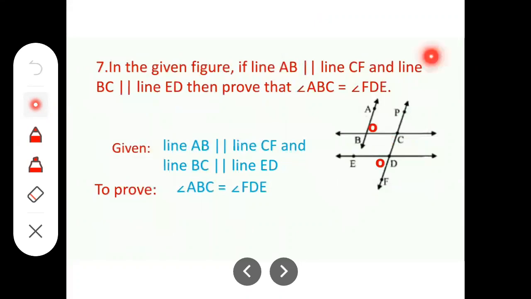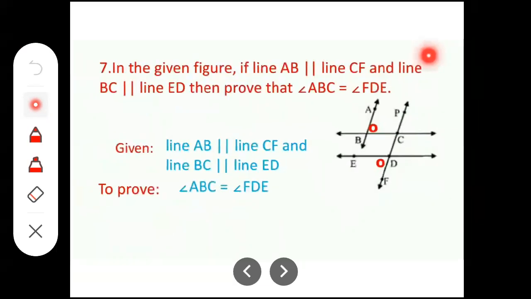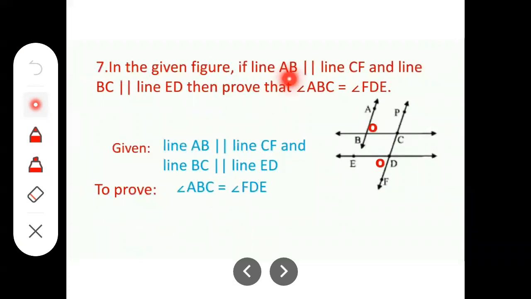Now see the 7th example. Line AB is parallel to line CF. CF means you can also take PF, the complete line.